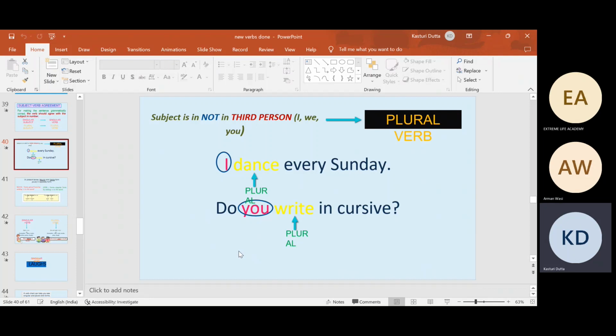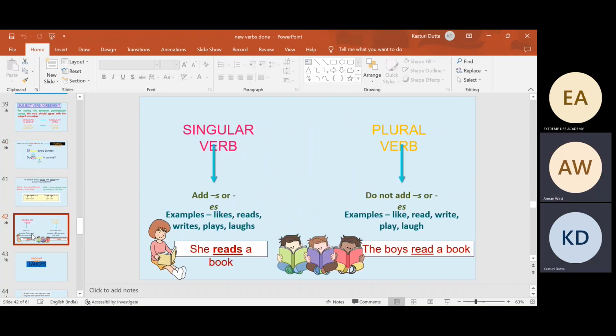Yes, this is the rule. He plays cricket. He is singular, but the verb is plural. No, he plays cricket. Sorry, the children play in my garden. He plays cricket. He is a singular subject, and I'm saying he plays cricket. Like she reads the book. Just see this example.